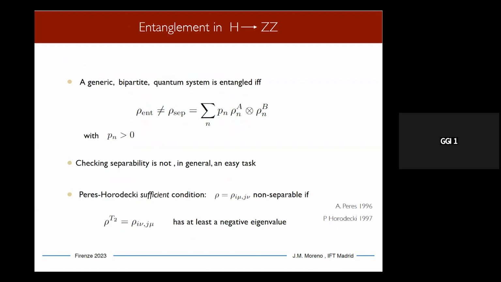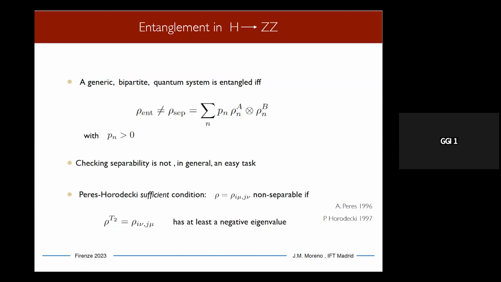Okay. So a comment on entanglement, because we want to know if the state described by this rho matrix of the ZZ is entangled, and if it is, whether it could be used to show the violation of the Bell inequalities. In order to check if a system is entangled, you have to check if it is possible to write it as the product of 2 different density matrices for the 2 subsystems.